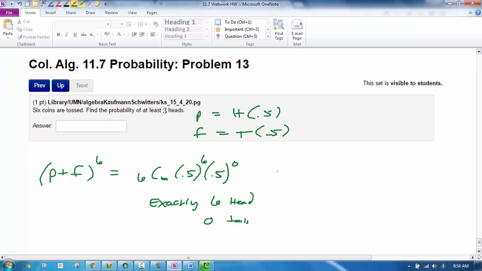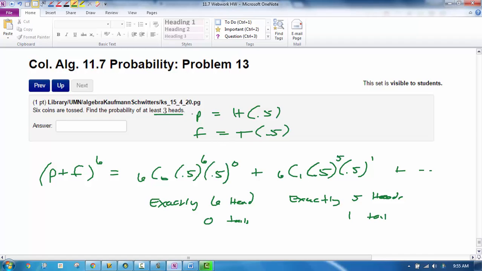And you could keep going with this. You know, the next term would be 6C1, 0.5 to the 5th power, times 0.5 to the 1st power, and this would be the probability of exactly 5 heads and 1 tail.